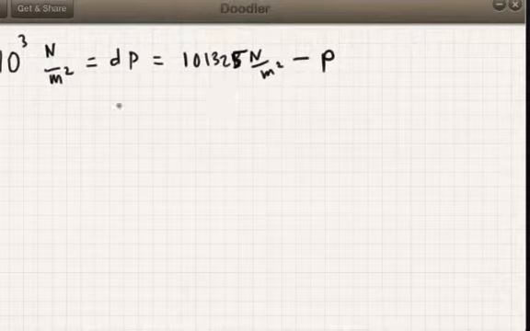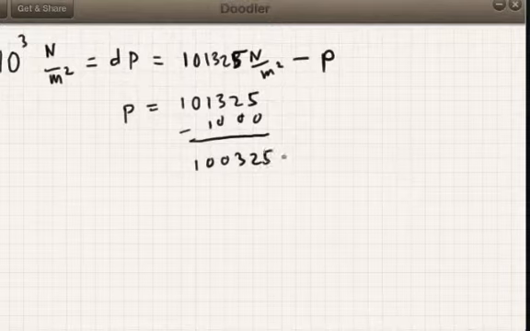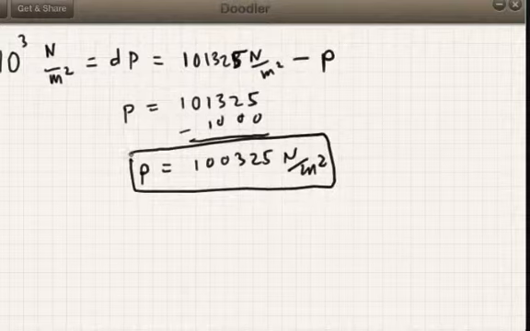So the new pressure equals 101,325 minus 1,000, which is 100,325 newtons per meter squared, the pressure that it would need to be in order to pull that water up. So the question was, what is the velocity that is required?